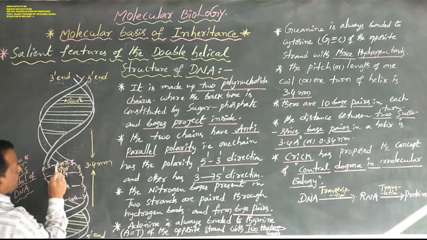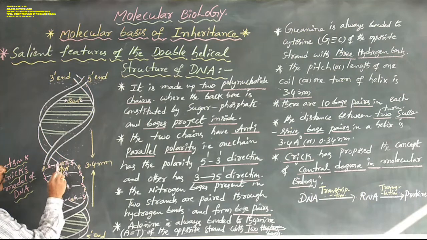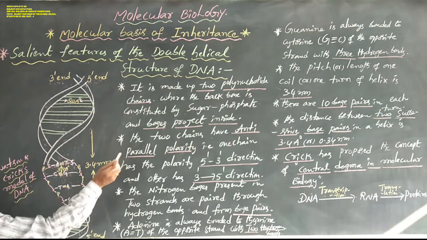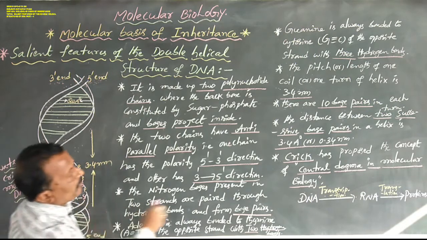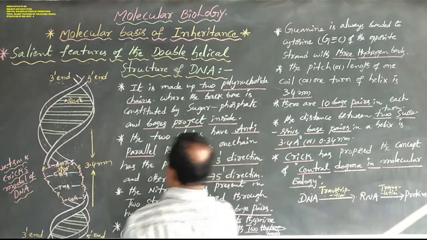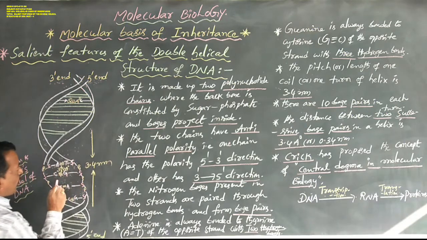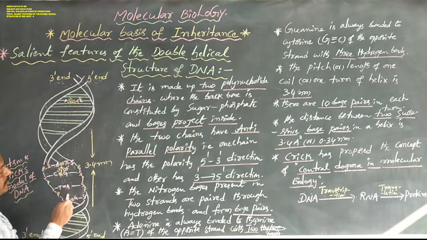The distance between two successive base pairs in a helix is 3.4 angstroms or 0.34 nanometers.